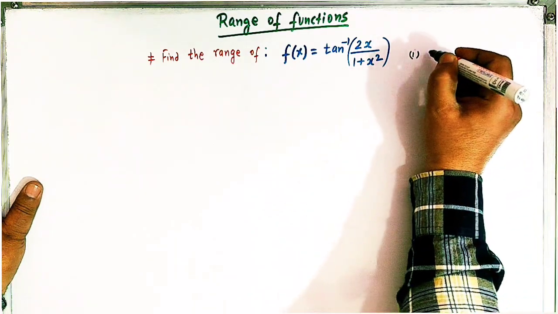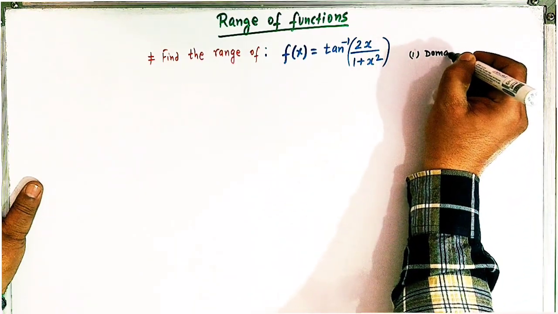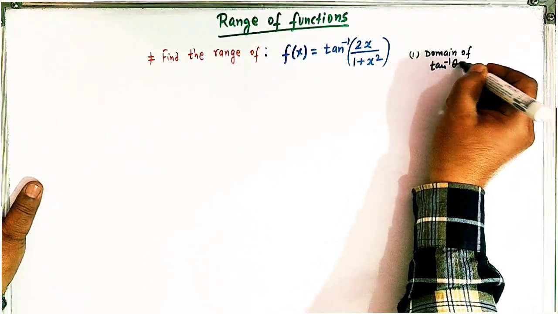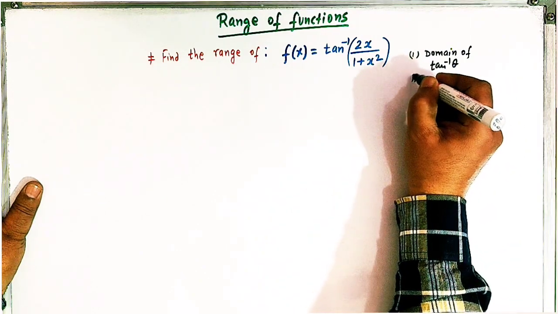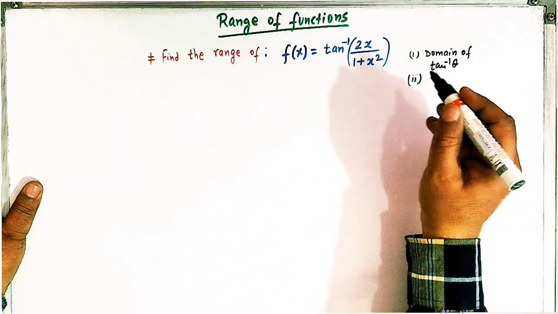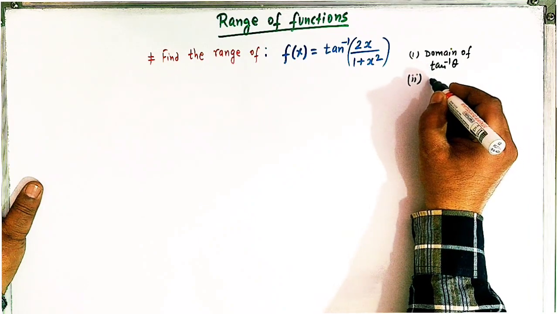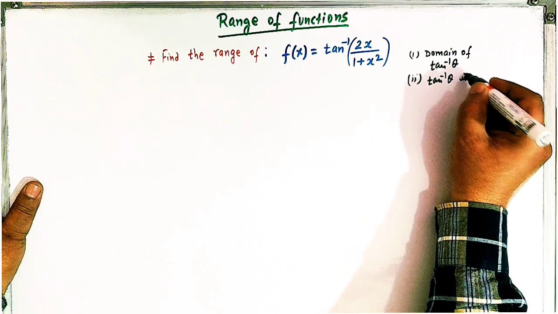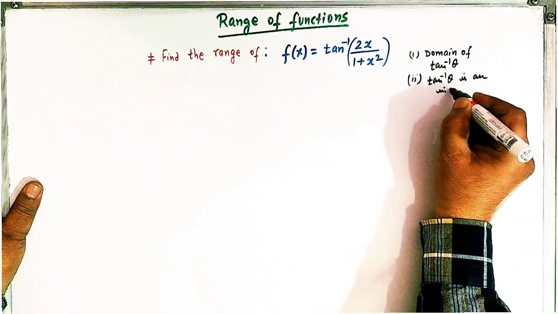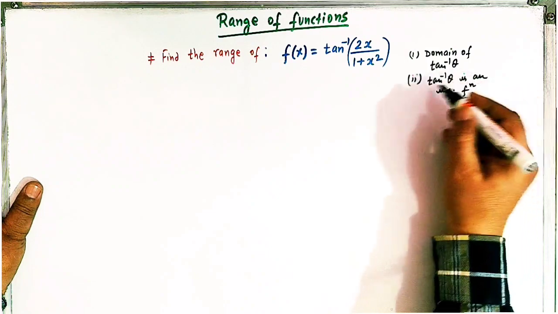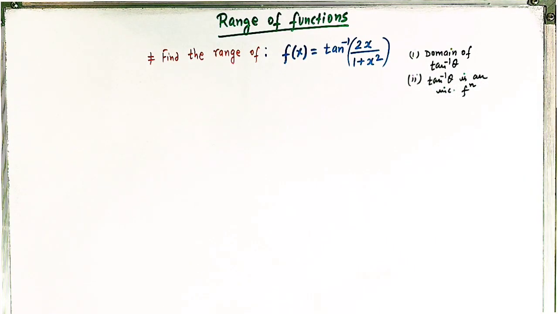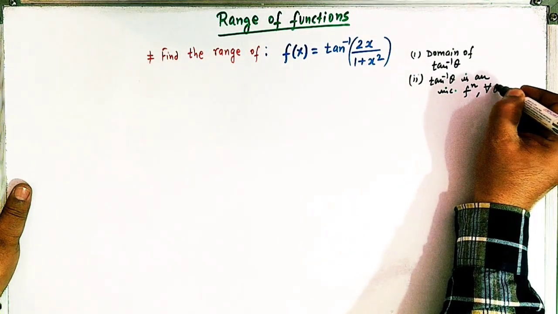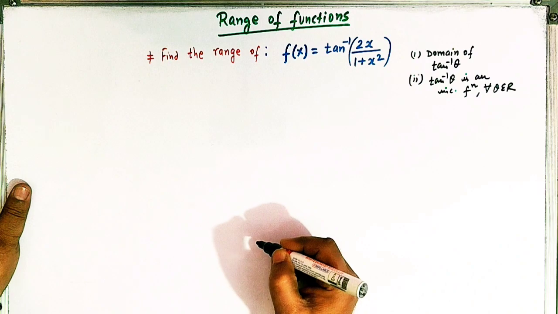The first one is the domain of the function tan inverse theta, right? And the second concept is the concept of increasing function, and we know that the function tan inverse theta is an increasing function for all theta belonging to the set of real numbers, right?